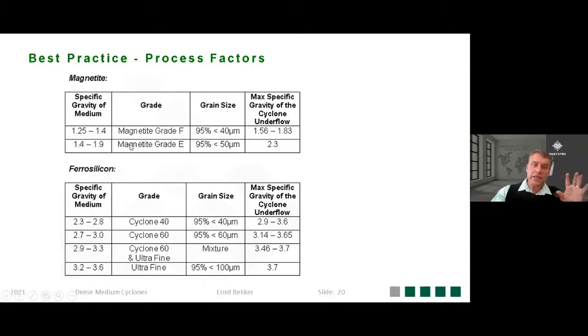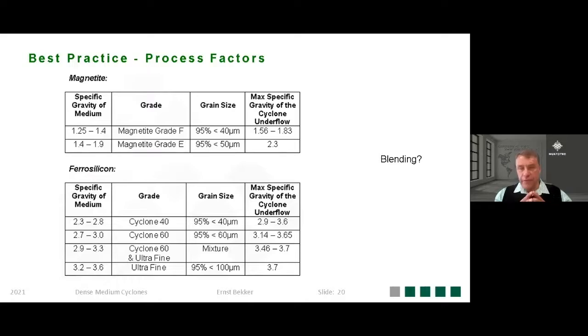So the grade is related to the operating density, and it also shows you the expected underflow densities. These are just guidelines. And then on the ferrosilicon, again, certain media types for certain operating densities, and then obviously the associated underflow densities that you can get from that.